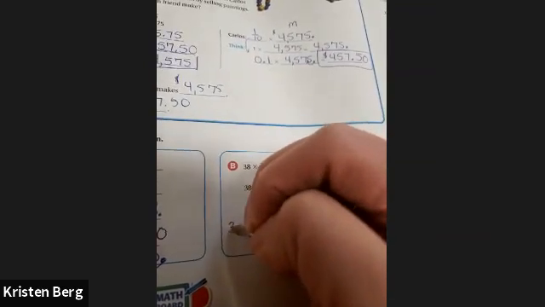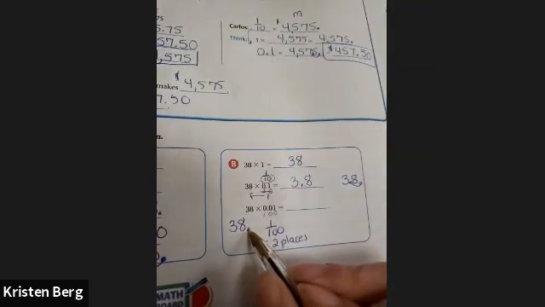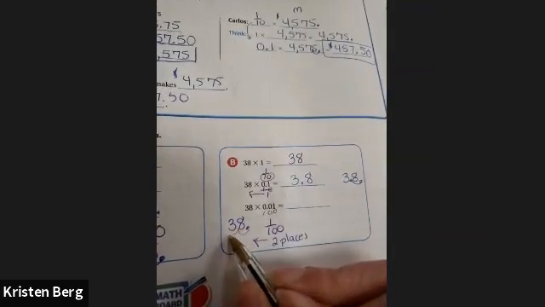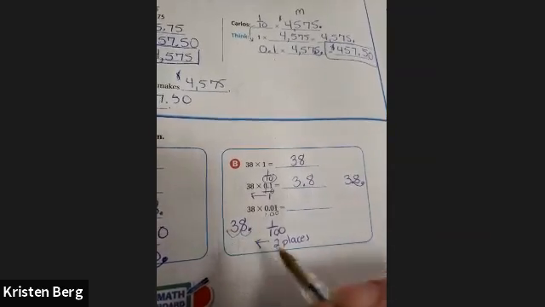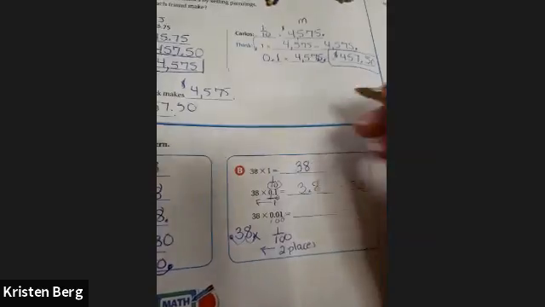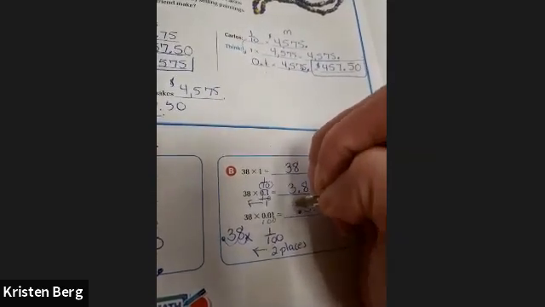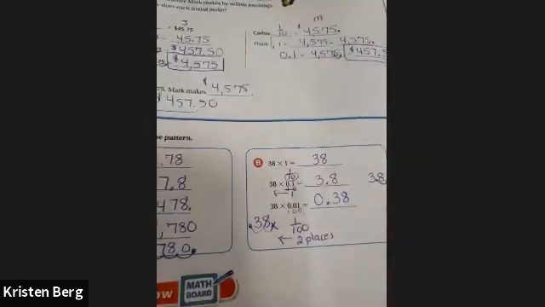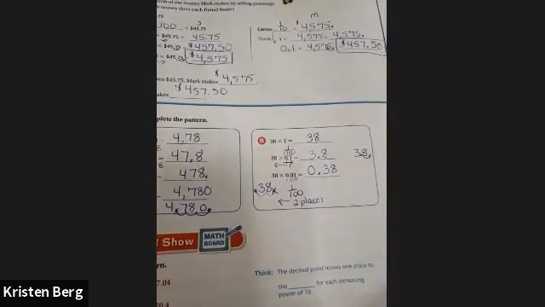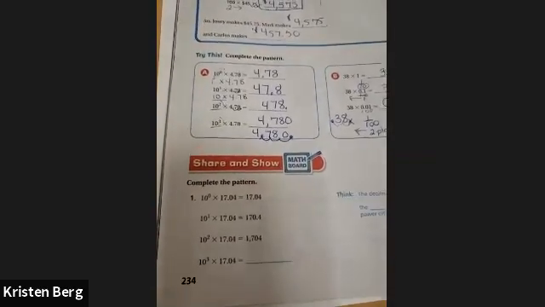So where do I start on 38? Where does my decimal start? It always starts at the back if it's not given to you. And now I'm going to move it in 2 places. So now this is no longer the decimal. It will be right here. So if you write that, this is what it looks like, but always put a placeholder before that decimal. So it is 38 hundredths. All right, now this one, same thing goes.